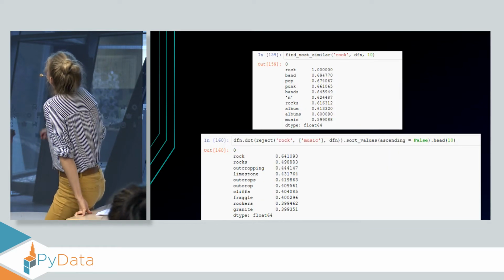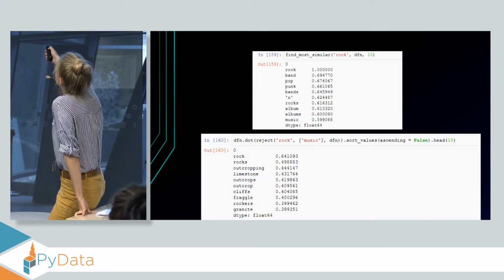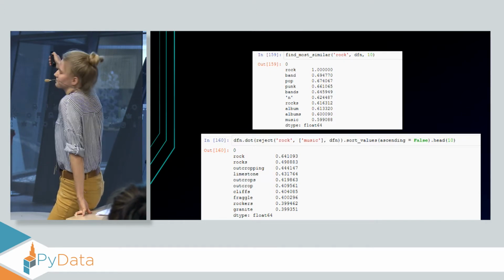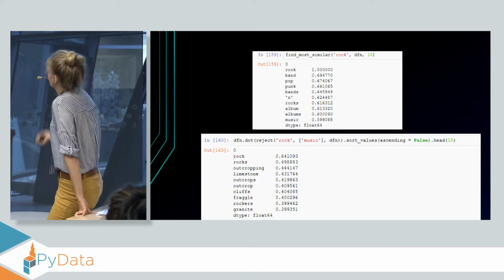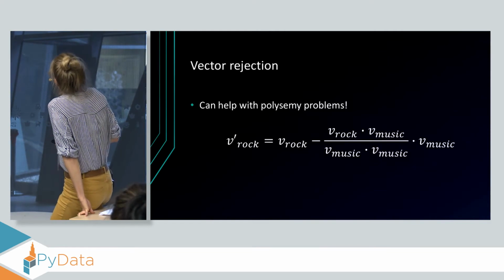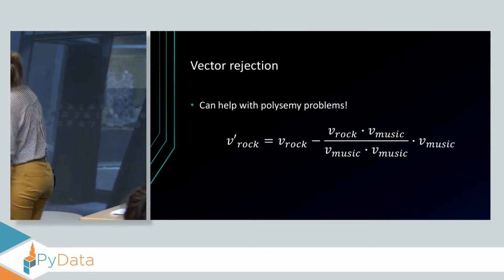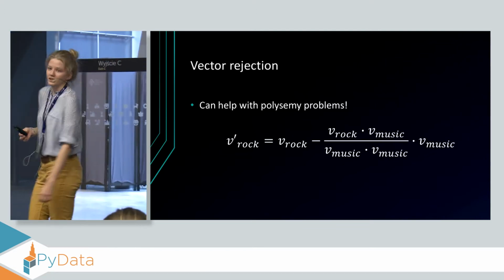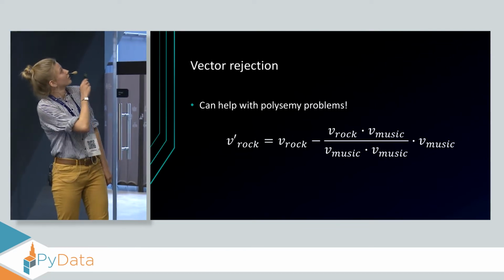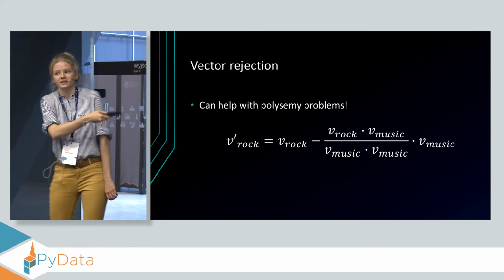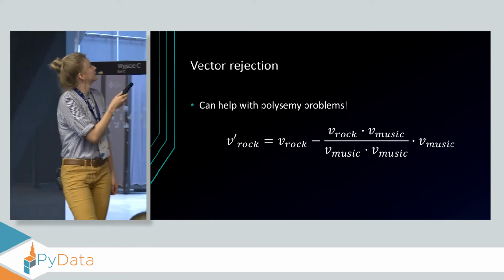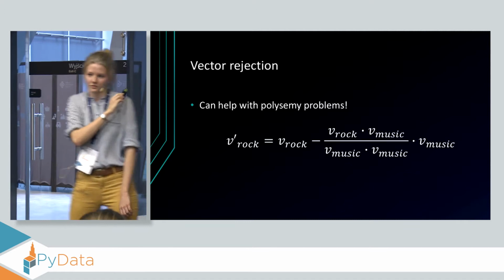But as you can see, that's a little bit disappointing, because people would rather listen to music than talk about stone. So what you do is you project the rock vector onto the music vector and subtract it from the rock vector.